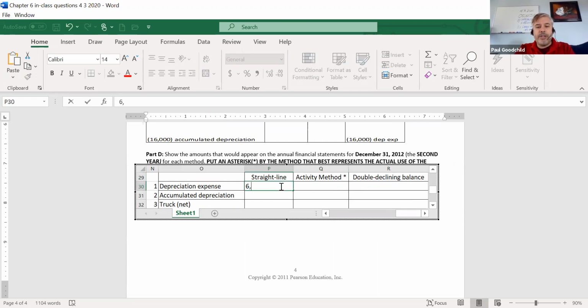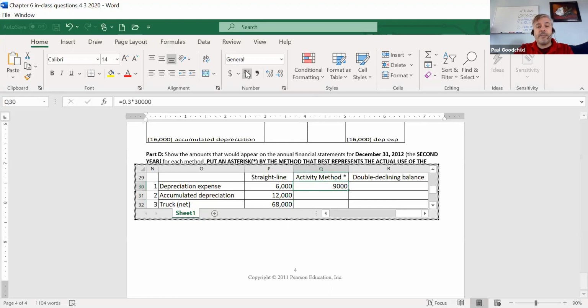For straight line depreciation, we had 6,000. In our second year, we had 6,000 plus 6,000. And so the truck book value net would be 68,000, I'm sorry, 80,000 minus the 12,000. Now for the activity method, we have 0.3 and we're multiplying that by 30,000 miles for year 2012.